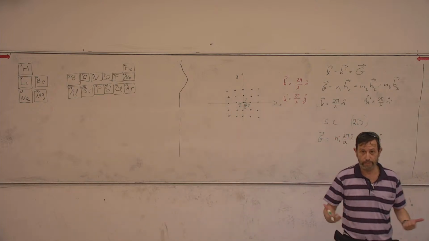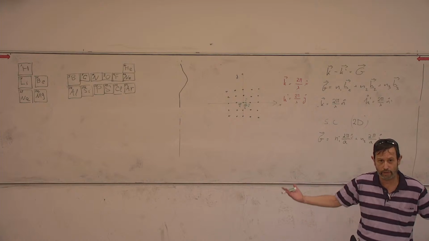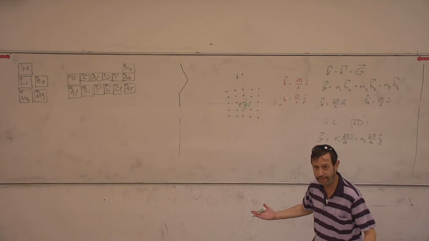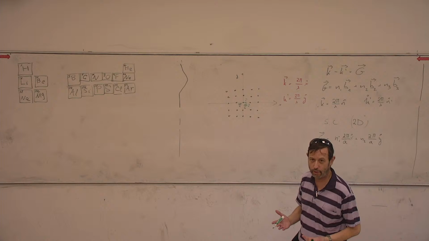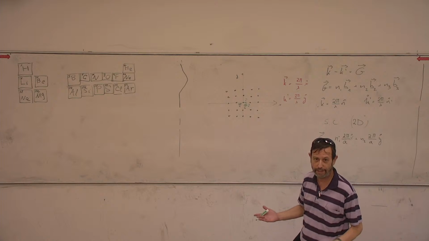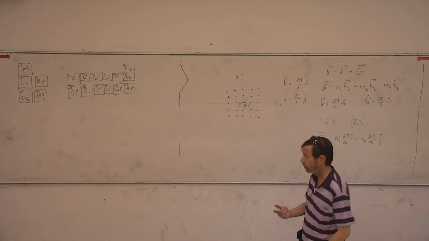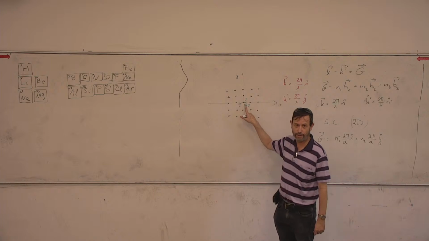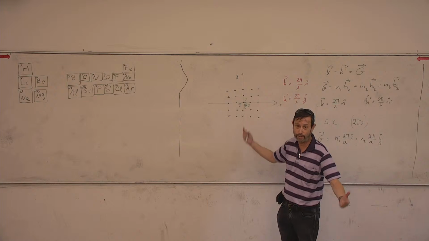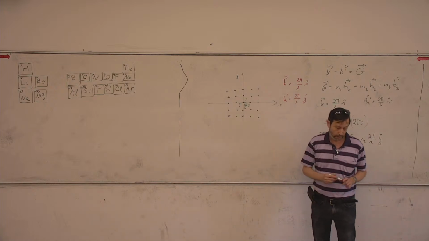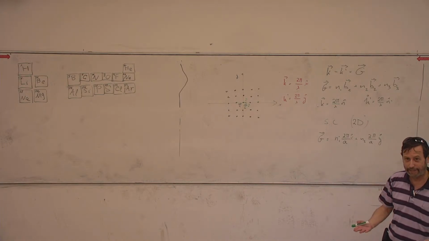Because 2 pi divided by lambda is much smaller than 2 pi divided by a. That's what I told you. Lambda is much larger than a. No matter what directions I choose or the exact value of lambda, I will have no Bragg peak, just because all these will fall in a distance smaller than the distance to the first points here. Okay, so that's a mathematical illustration of what I said in the previous lecture.